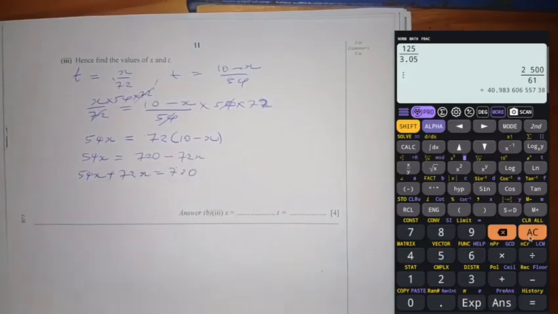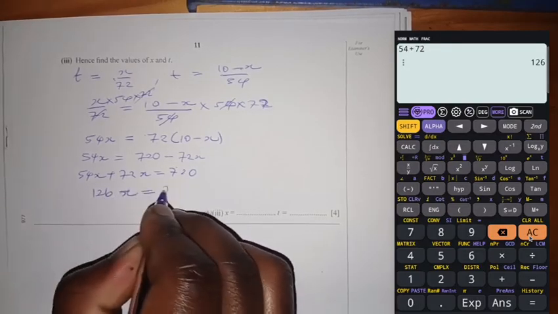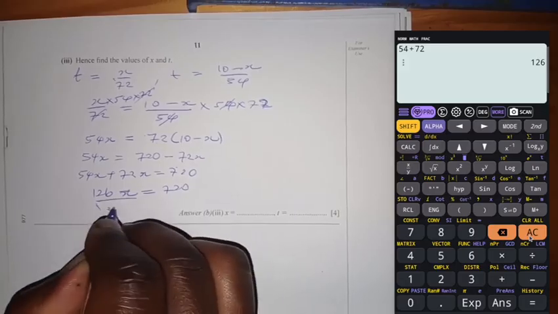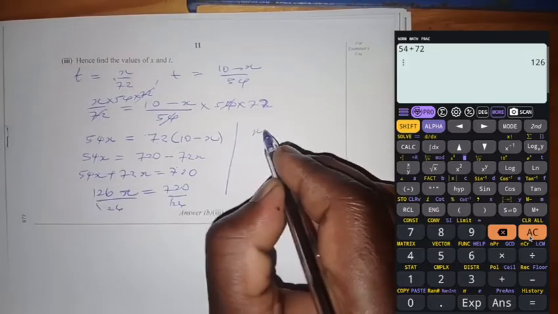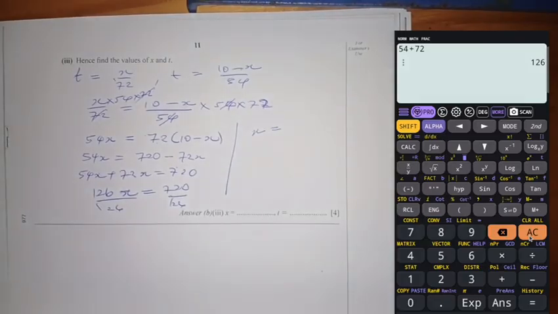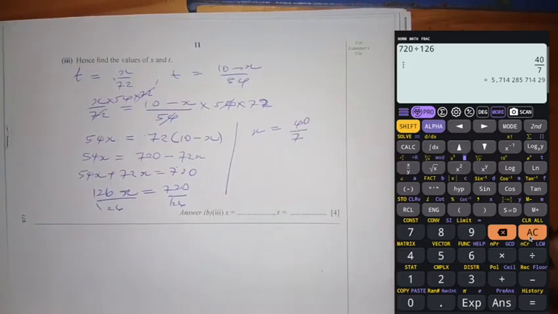So x is equal to 720 divided by 126. This is 40 over 7.